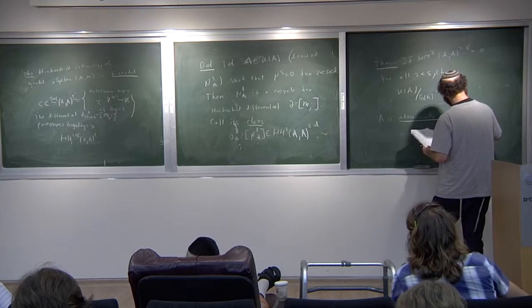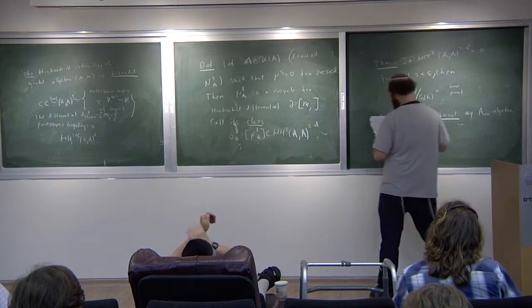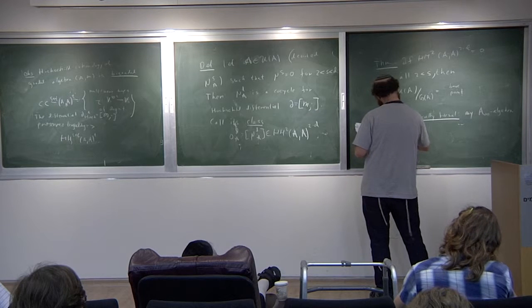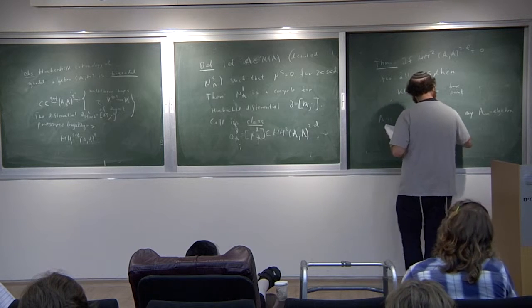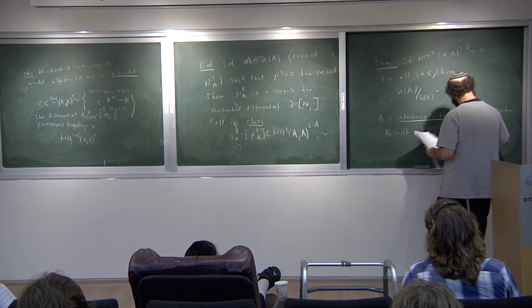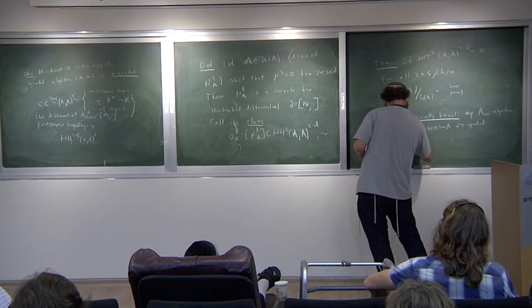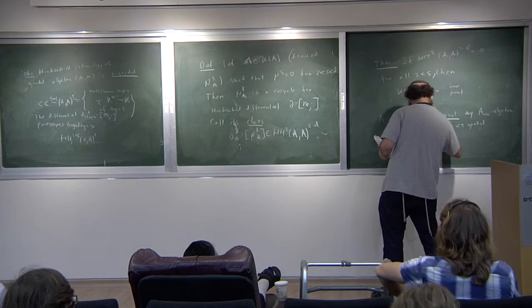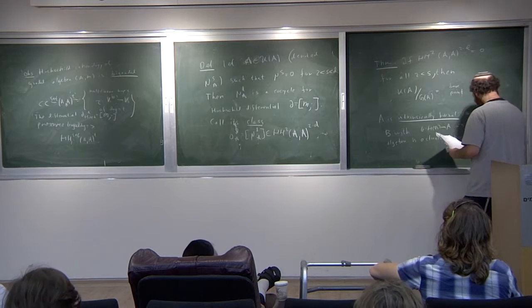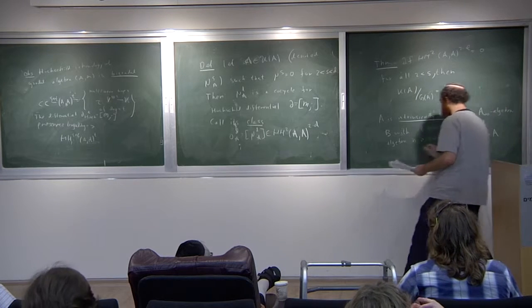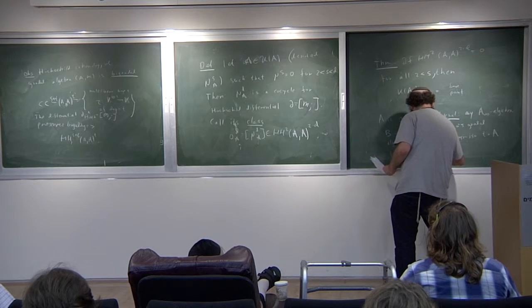It means that any A infinity algebra curly B with an identification from HB to A as graded algebras is actually quasi-isomorphic to A, with its trivial A infinity structure.